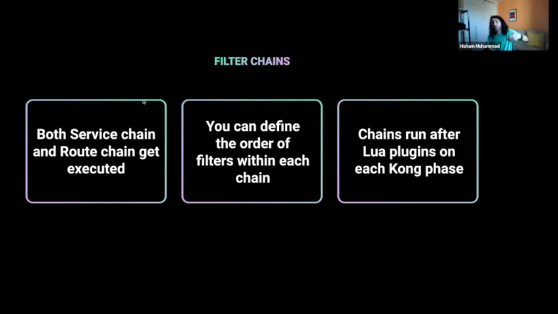The filters within each chain are defined on the chain, so you can define the order of your pipeline. This is very different from how Lua plugins work, in which each has its own fixed priority. And the chains run after Lua plugins on each phase. So you get access Lua plugins, then access all of the filter chains, and then header filter, body filter, logging, and so forth.